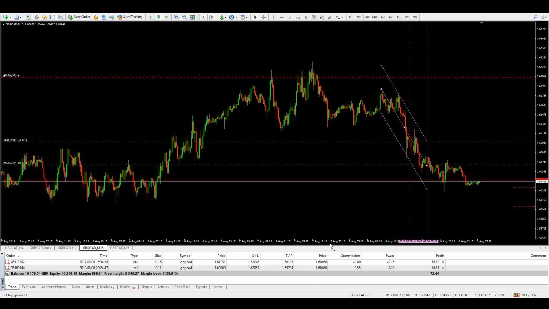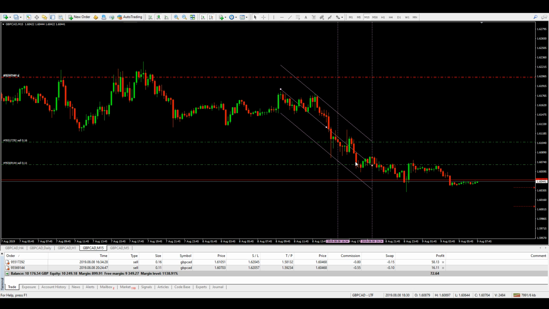So what I had seen on the 15-minute, also on the 5-minute as well, was the price in that most recent move down create a standard deviation channel where it was coming up and interacting with the average of the standard deviation.